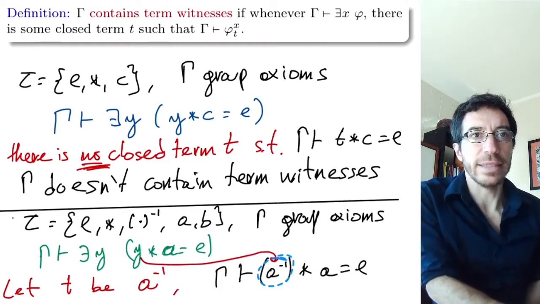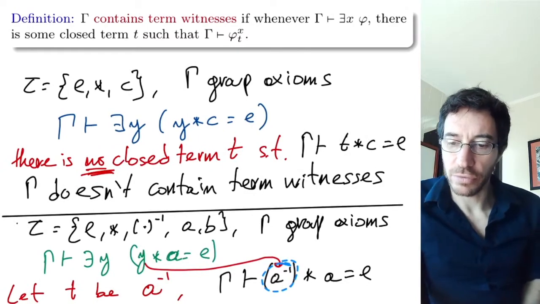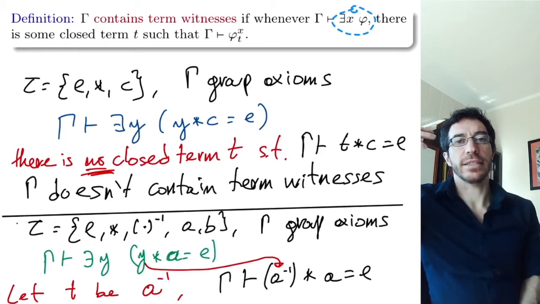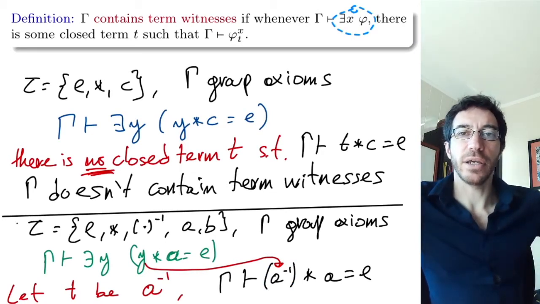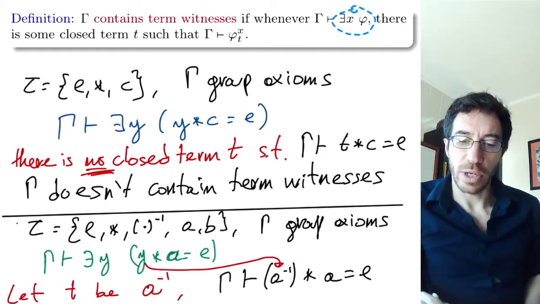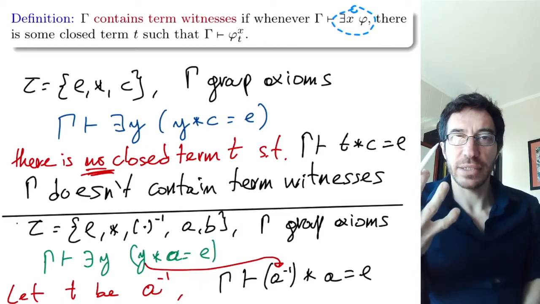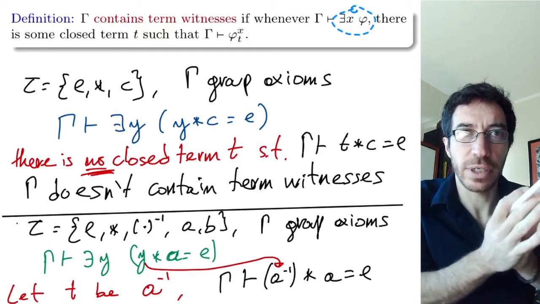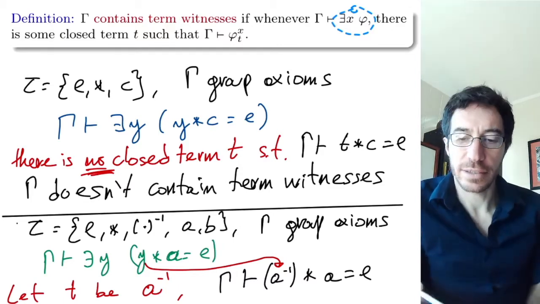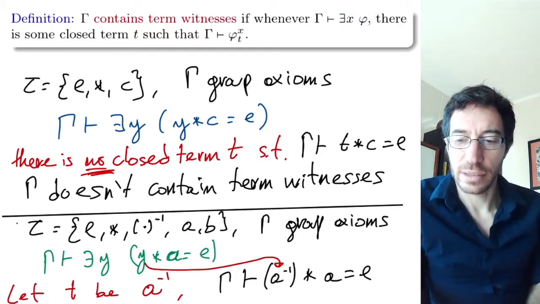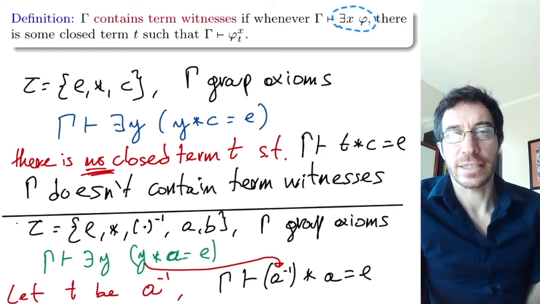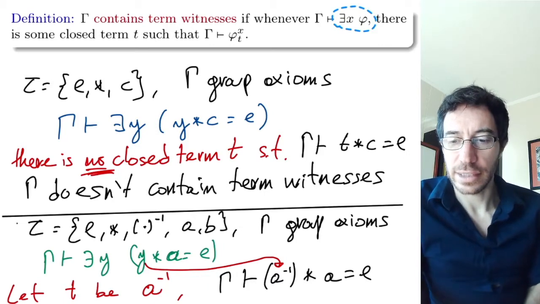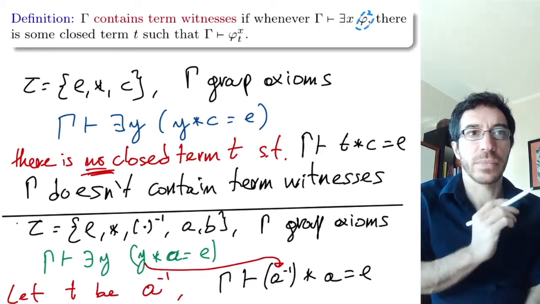Essentially, the name comes from this: if gamma proves there exists x such that something, you might not know how to name that thing. Containing term witnesses means that there exists a term in the language, in the vocabulary, that I can write with the symbols of the vocabulary, and this term t witnesses that there exists an x such that phi, because t is one such element that satisfies phi.